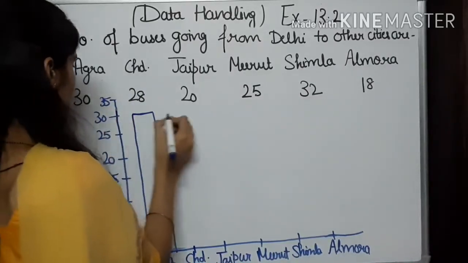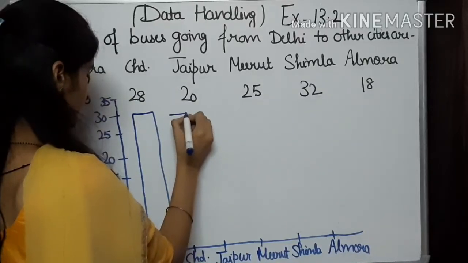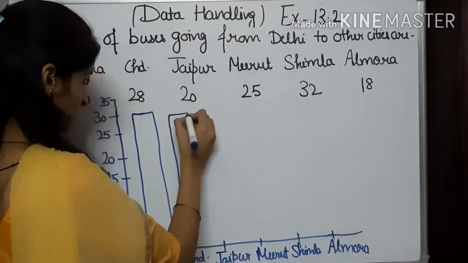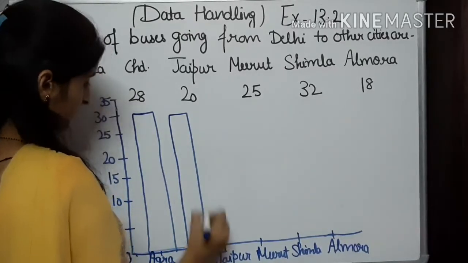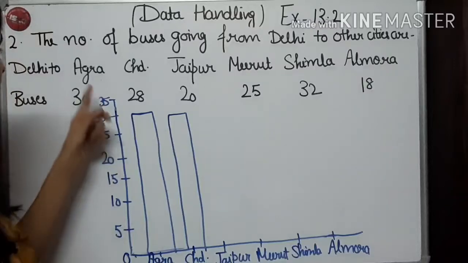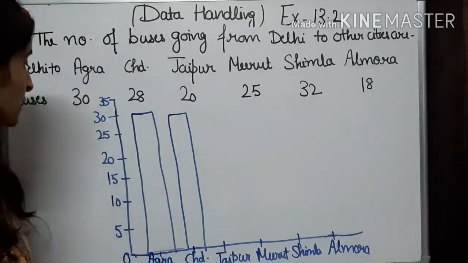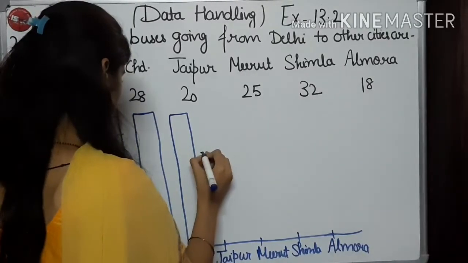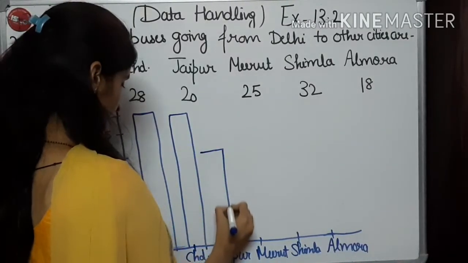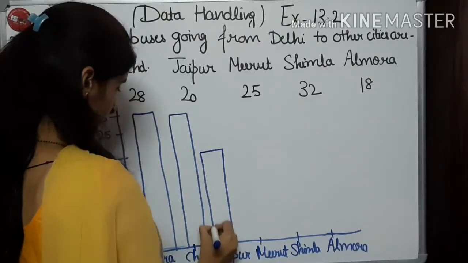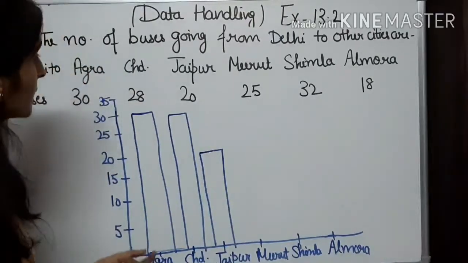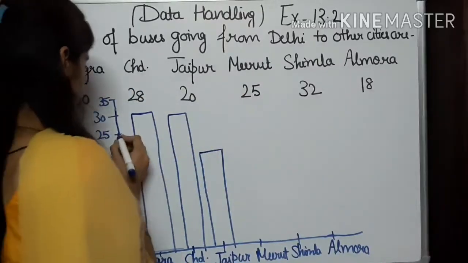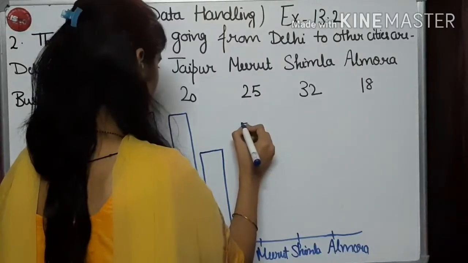So the bar will be nearby 30. After that, from Delhi to Jaipur there are 20 buses. So the bar will be here. Then from Delhi to Meerut there are 25 buses. So it will be here.